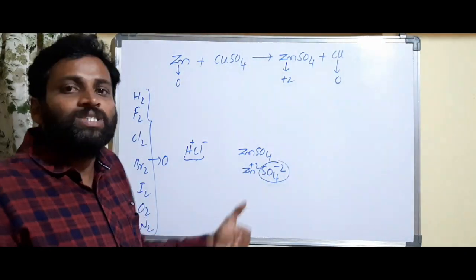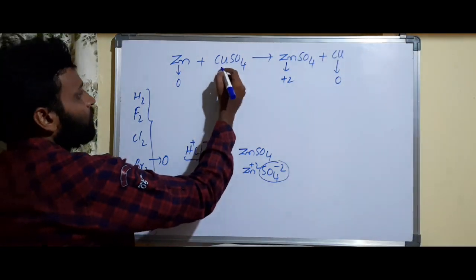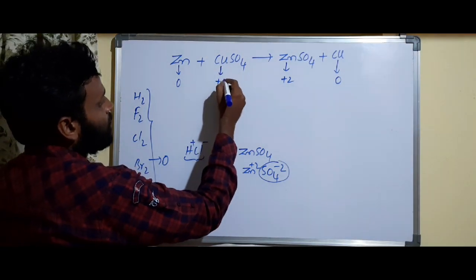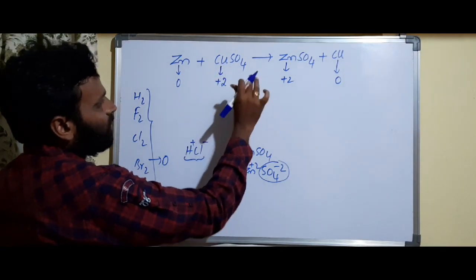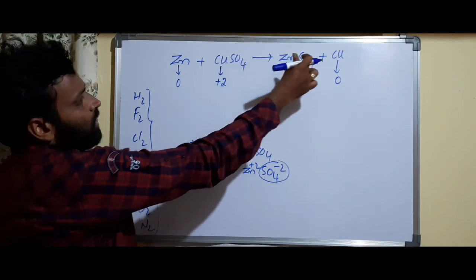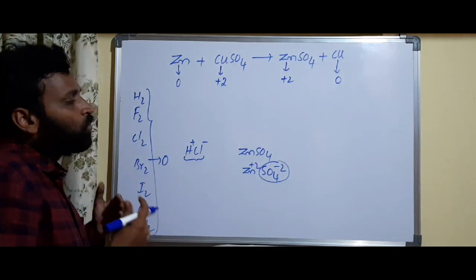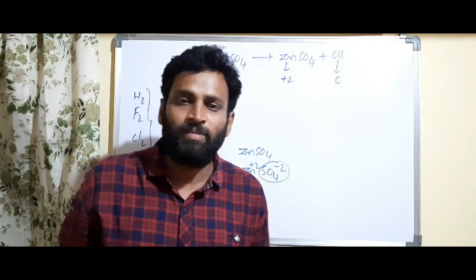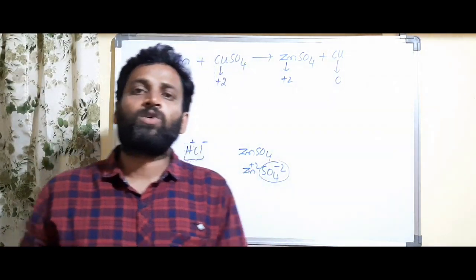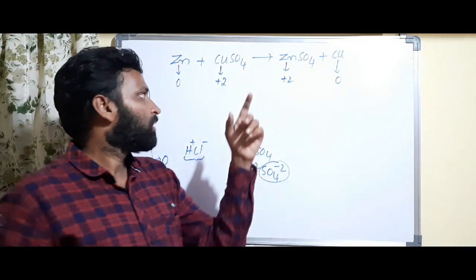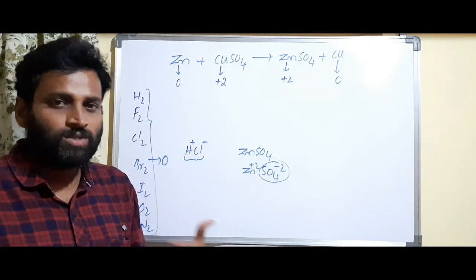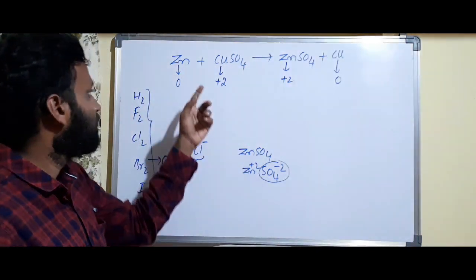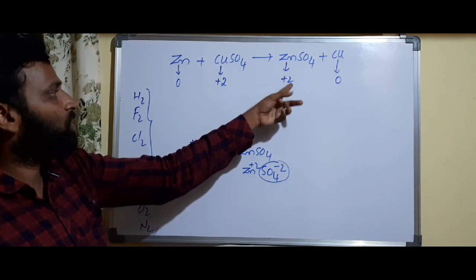So sulfate is -2, zinc is +2. Like that, here copper is +2. Sulfate not required because here sulfate -2, here also sulfate -2. Whose oxidation states changed? Zinc and copper oxidation states changed. What is oxidation state, in our next class. So copper is +2, here zinc is +2.